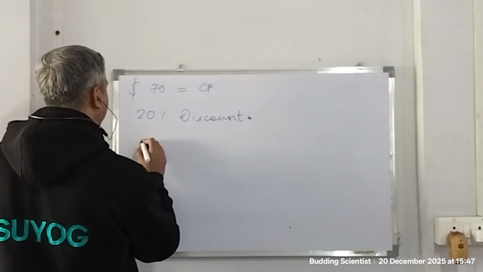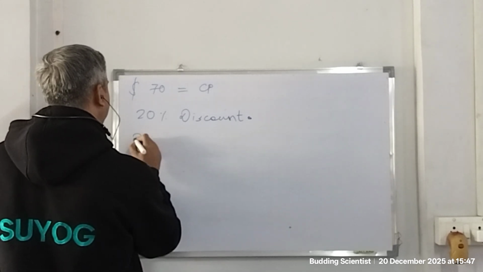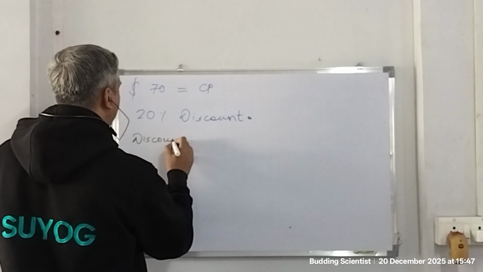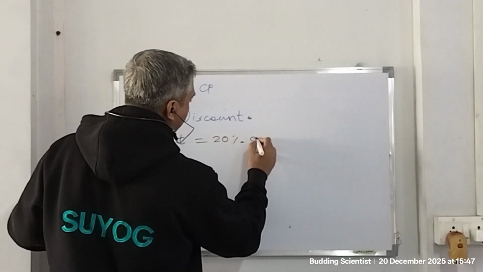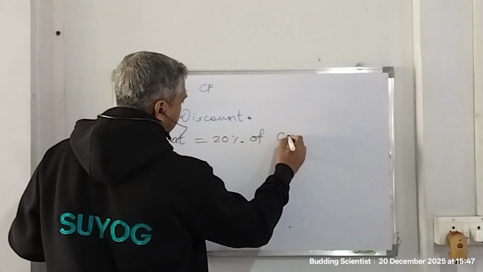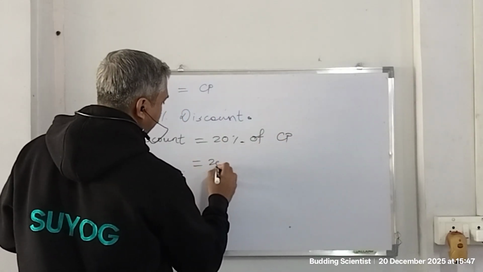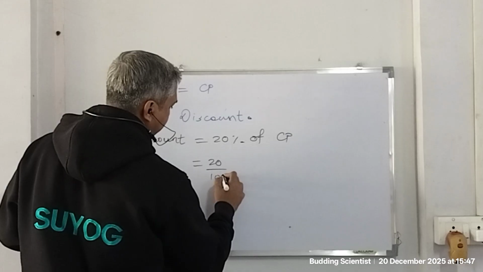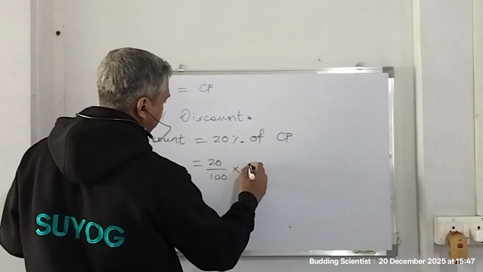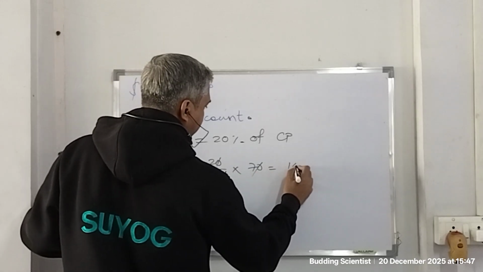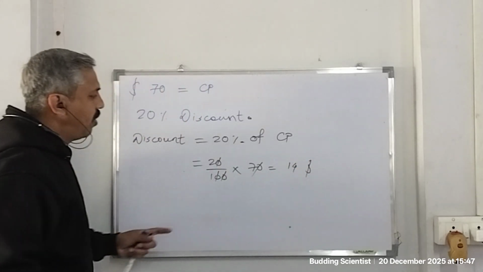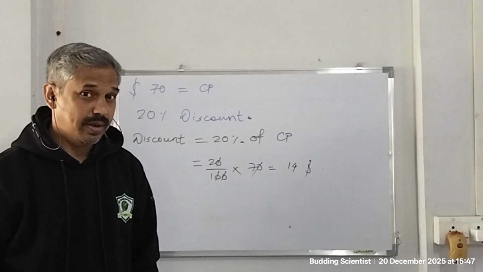So the selling price would be, let's find out the value of the discount. Not in percentage, but this is 20% of the CP, which is equal to 20 by 100 into 70, which is equal to $14. $14 is the discount.